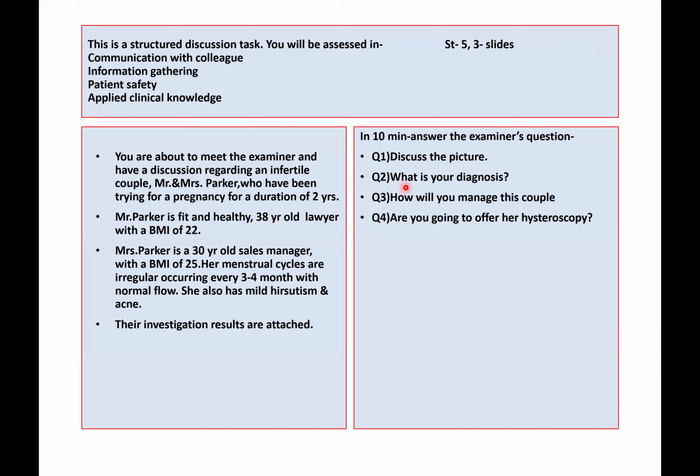She has come with a complaint of irregular periods, which come every 3 to 4 months, and she has mild hirsutism and acne, correlating with the scan and hormonal findings. So she could be a case of polycystic ovarian syndrome.